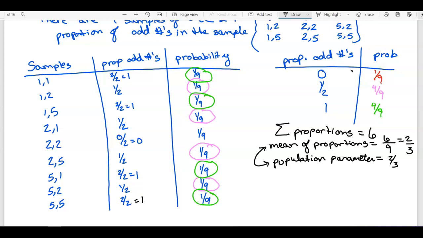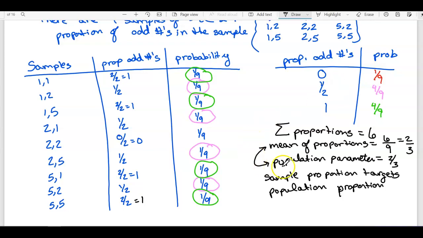So what this shows us is that this sample proportion actually targets the population proportion. And since that sample proportion does target that population proportion, then we can say that the sample proportion is a great estimator for the population proportion. And that's what we're looking at in this section.